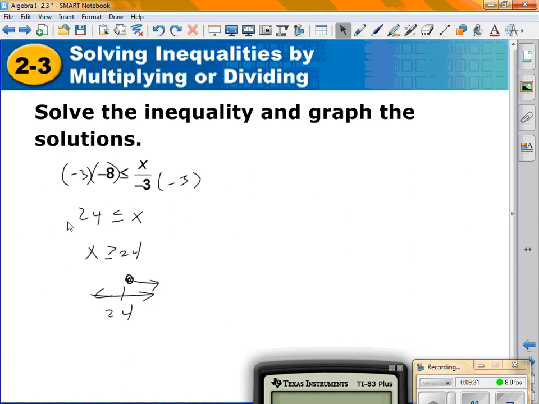Sorry, I made the mistake. Thank you. 24 greater than or equal to x. X is less than or equal to 24.